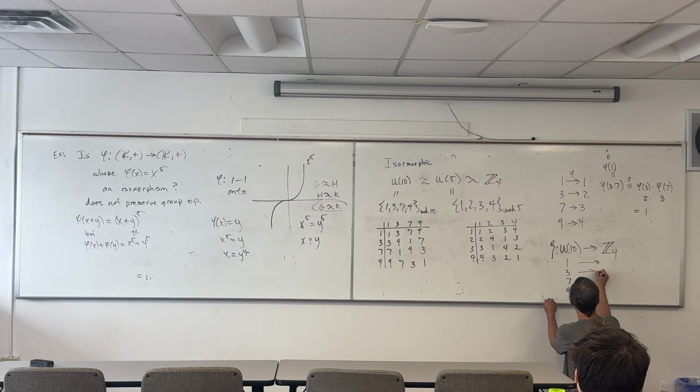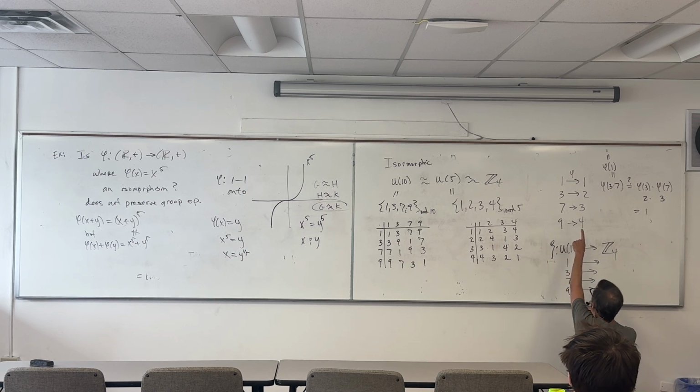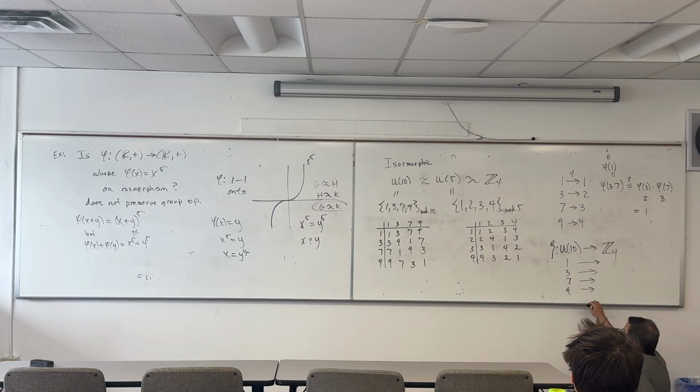Where are they gonna go? Well, isn't that literally just what we did? Not really. Are you sure? Because that's not Z4. That's U5. U5 is modulo 5. Z4 is modulo 4, and this has a 0 in it. Then 1 would go to 0, 3 would go to 1.